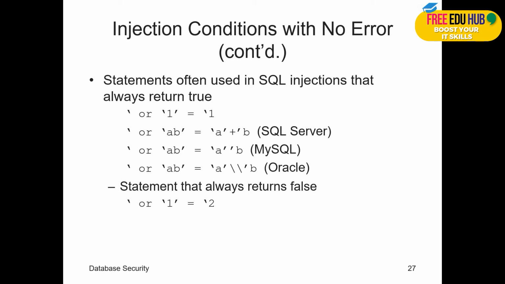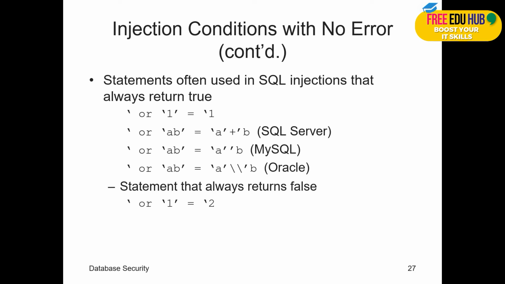If they try 'AB' as 'A' 'B' in its own syntax, and it works, it exposes that the backend database is MySQL. And if it accepts 'A' pipes 'B', and it works, it means that it's Oracle.